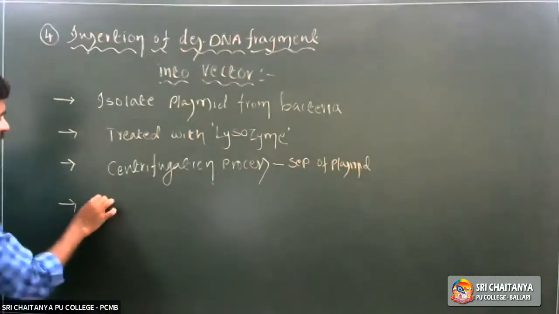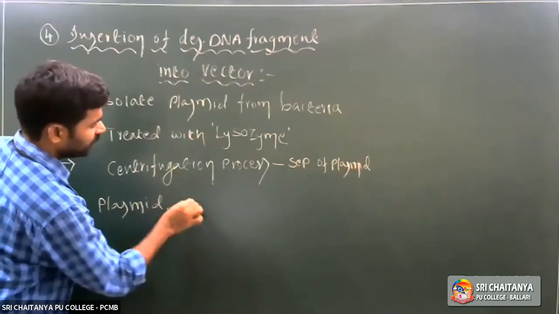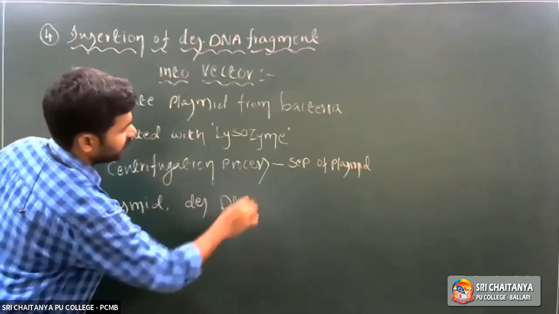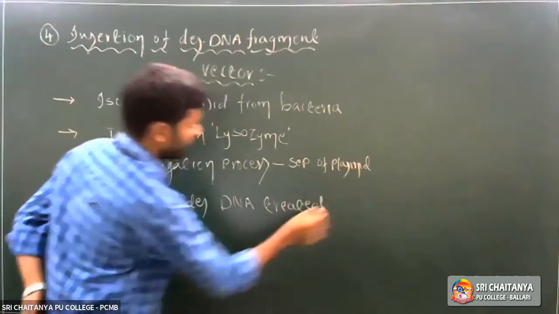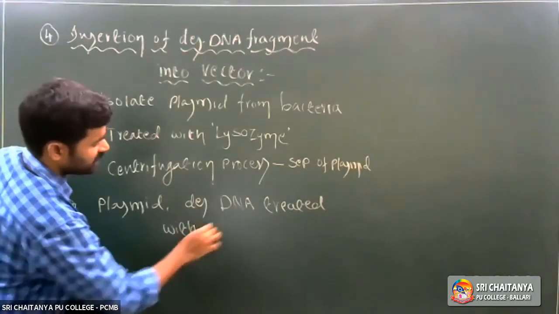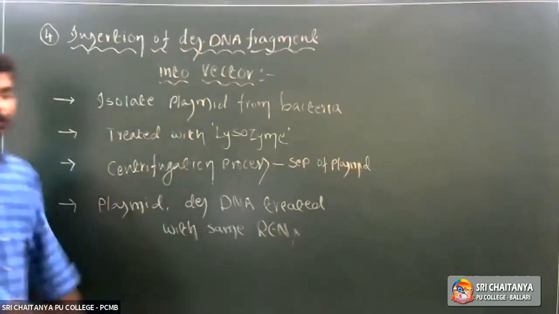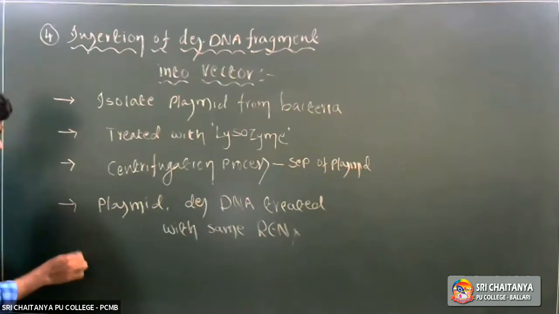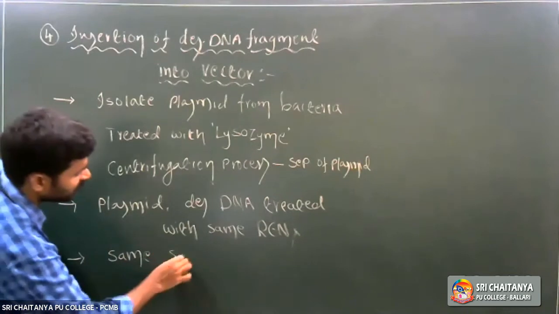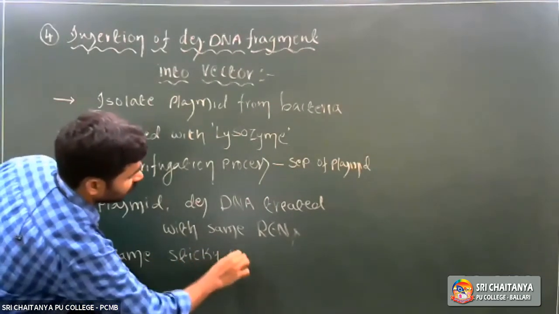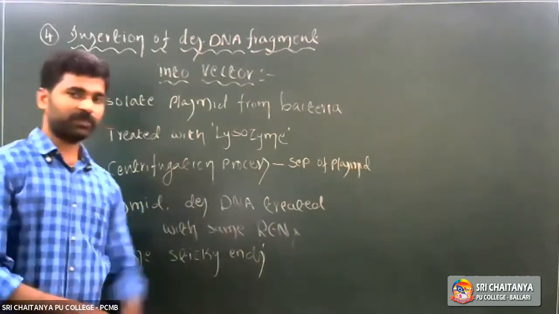After that, the plasmid and the desirable or required DNA are treated with the same type of restriction endonuclease enzymes. It results in the formation of the same sticky ends on the vector genetic material and the foreign genetic material, right?